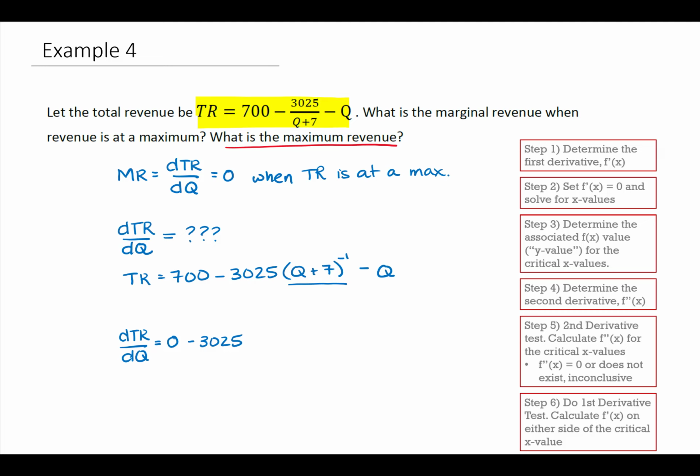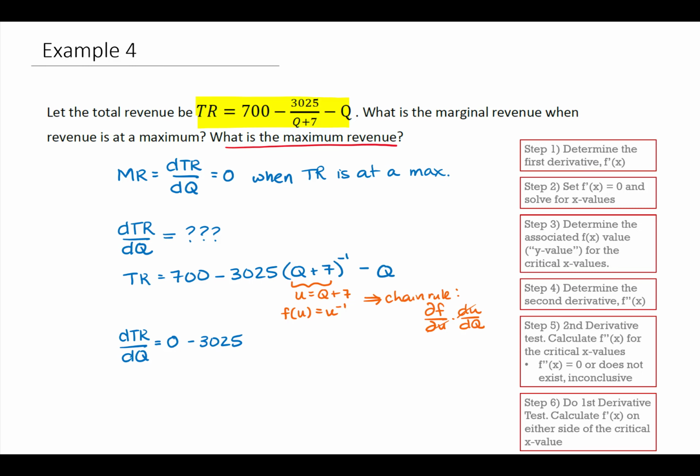I'm going to use the chain rule here. So I'm going to substitute u equal to Q plus 7, and then I have f(u) equal to u to the power of -1. So doing my chain rule, I'm going to take df/du and multiply it by du/dQ. You can see that those du's cancel out in the end.